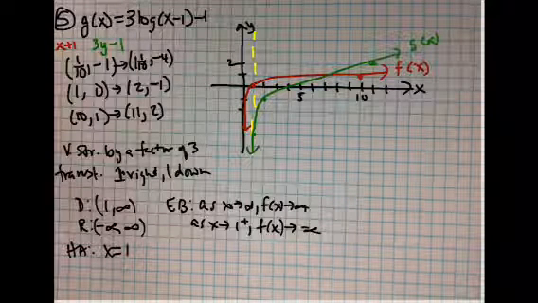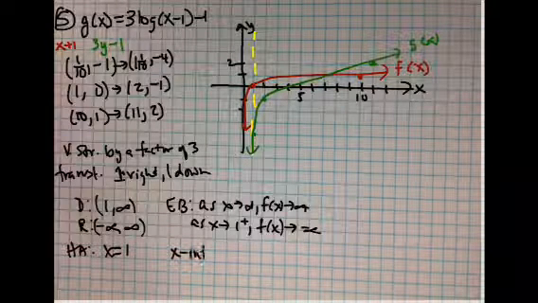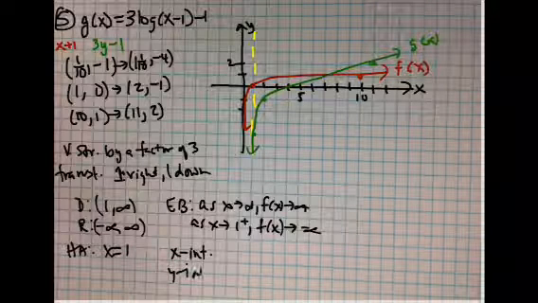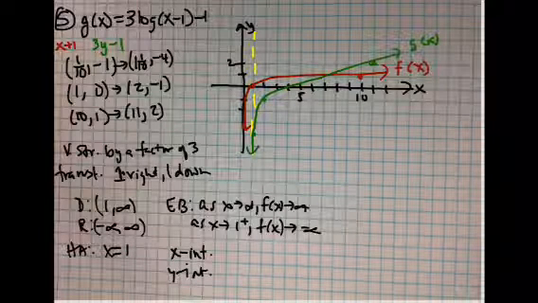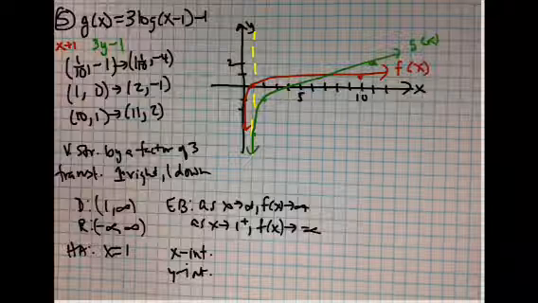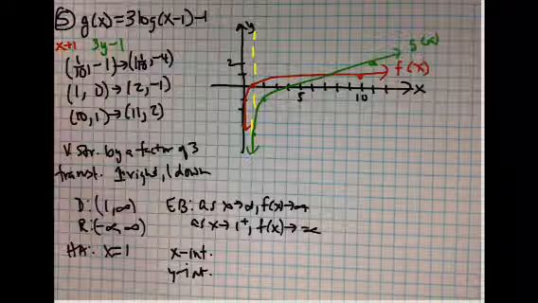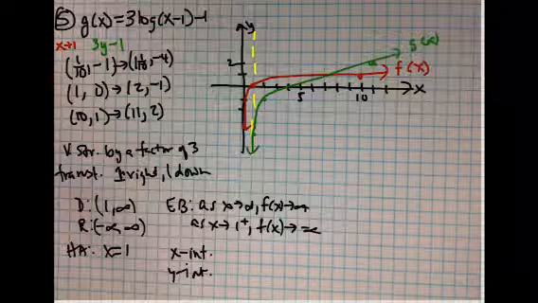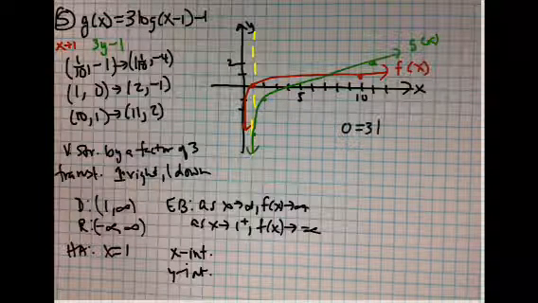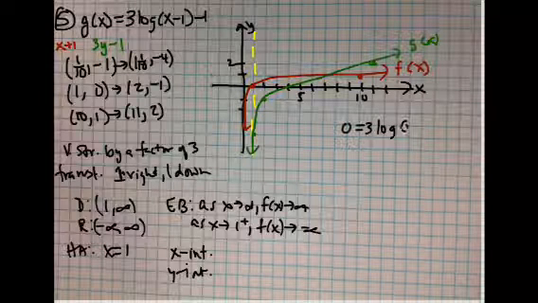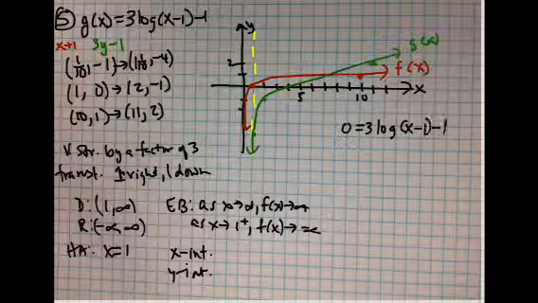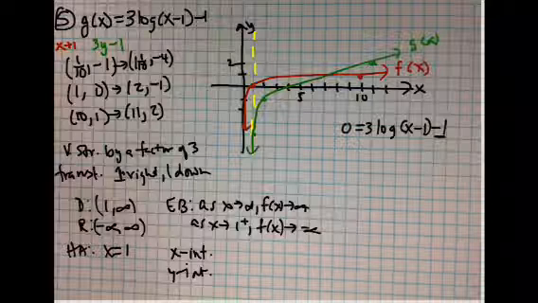For intercepts, we're going to do the x-intercept. Replace the g of x with a 0, and I'll do the work here on the side. So you get 0 equals 3 log of x minus 1 minus 1. So you move the 1 over this one. So you add 1.